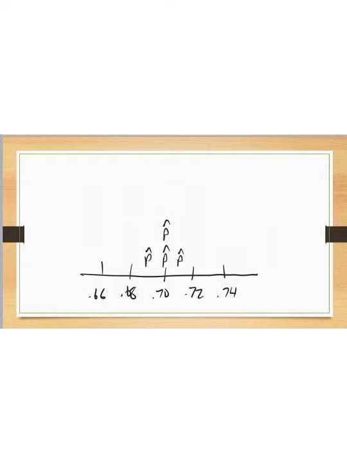So the graph itself, if we switch over to percentages, if it's what percent of students like math, and let's say we're around 70%, and this might be a little wider range, so we're going to split it up a little more, but we'll still give a bin for each one. So there might be a p hat here, and a p hat at 71, another p hat at 70, a p hat at 69%, p hat at 67%, p hat at 73%, another one at 71%, another one at 70%, and so on.